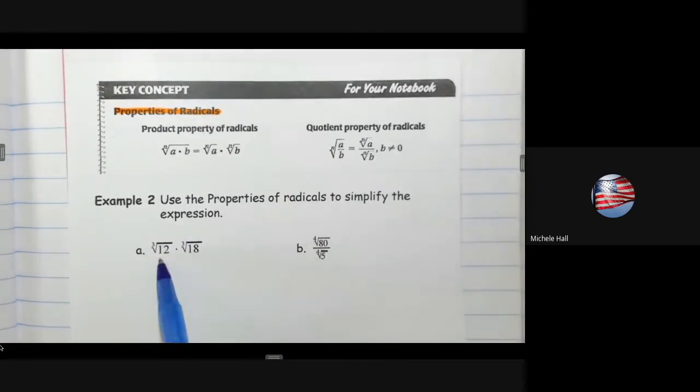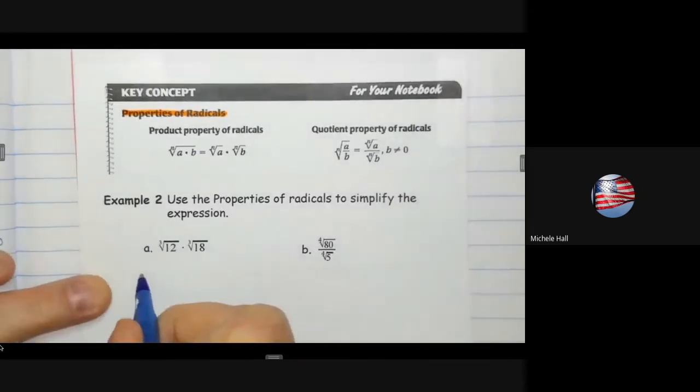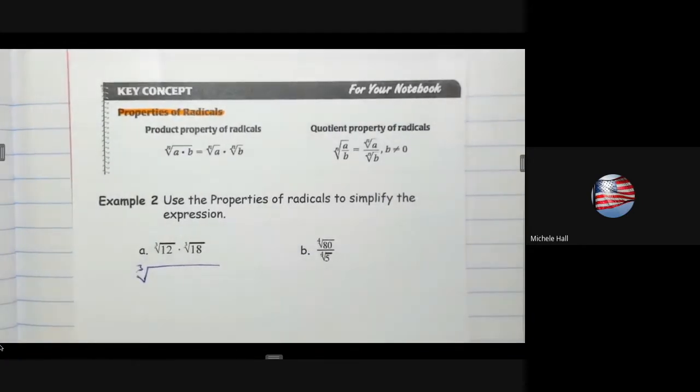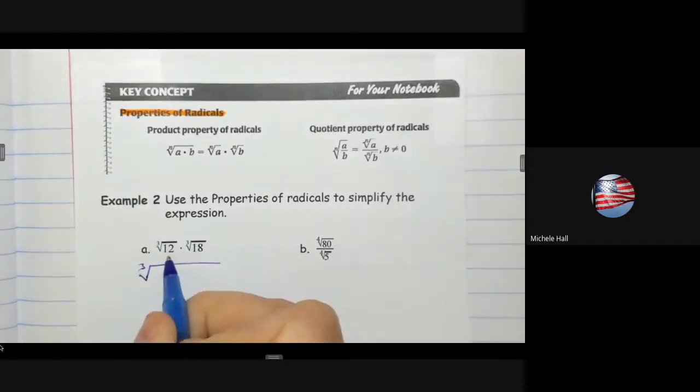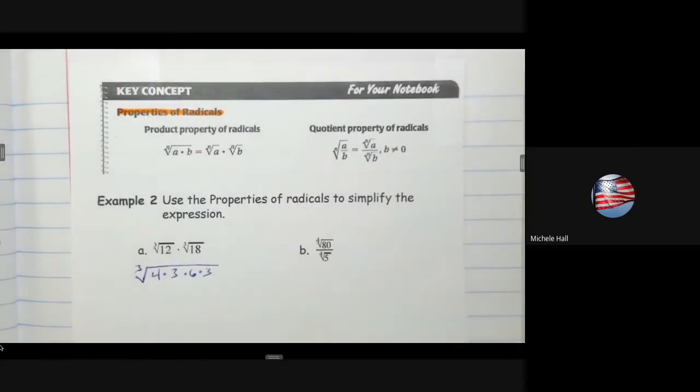I have the cube root of 12 times the cube root of 18. Are there any perfect cube roots in there? There are not, so I'd like to put them together. Cube root. And I'd also like to factor them down into prime numbers so I can see what's going on here. I have 4 times 3 for 12. I know 4 is not prime. And then we have 6 times 3 for 18.